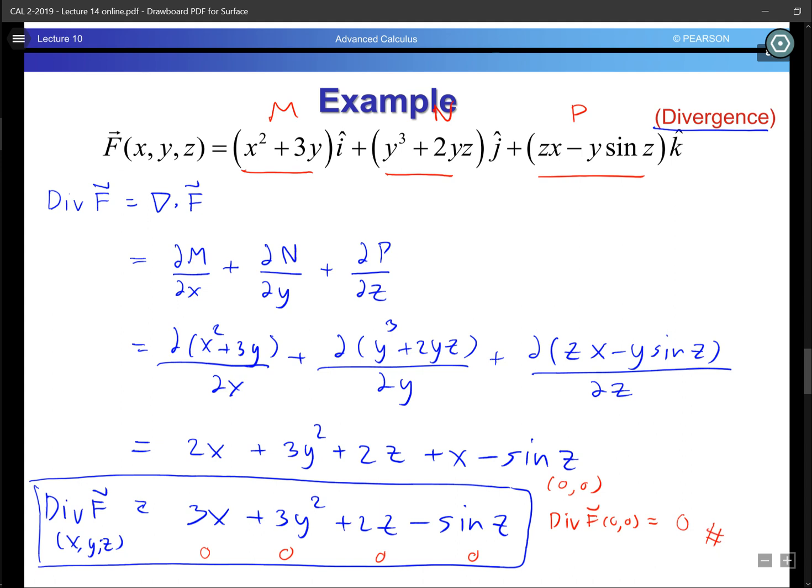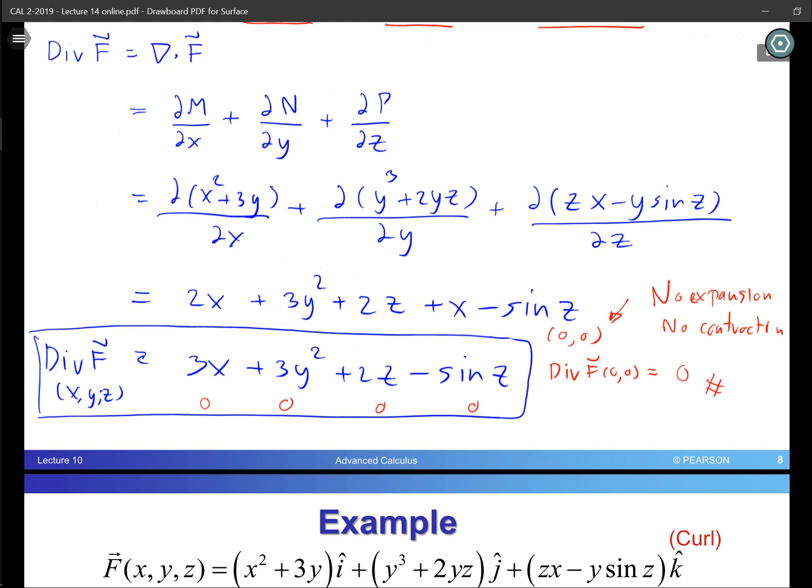This is telling me that at the origin, there is no expansion and no contraction. So this is something that you can interpret out of the value that you get from the calculation.